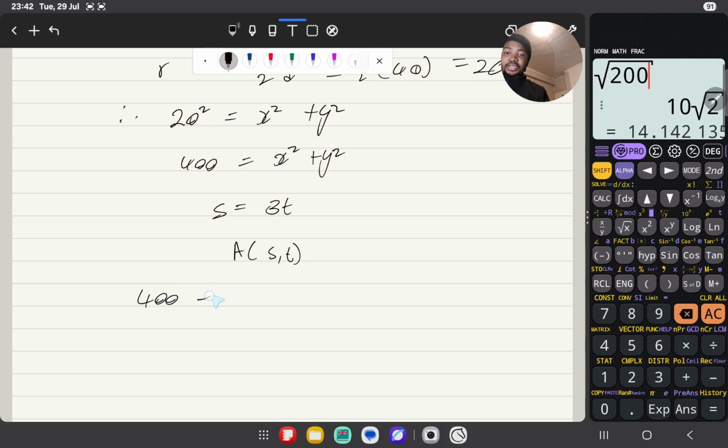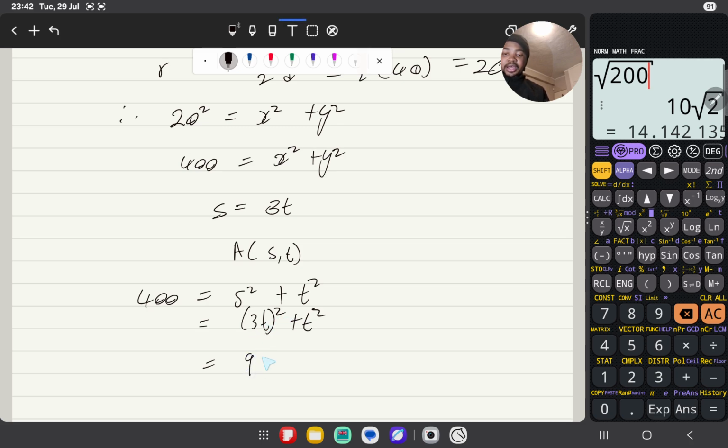You have 400 equals x squared, that is S squared, plus T squared, right? And then here we have S is 3T, right? So for S you put 3T squared plus T squared. Then what are you going to have?